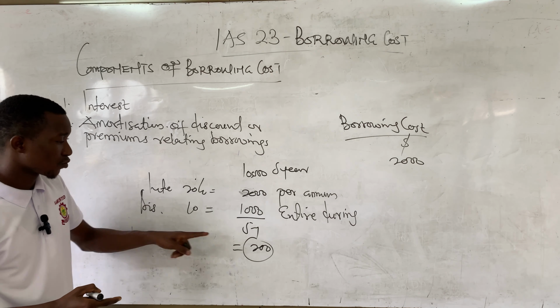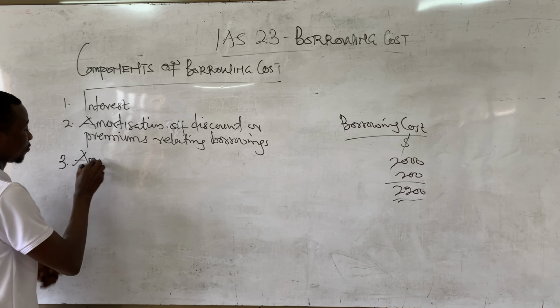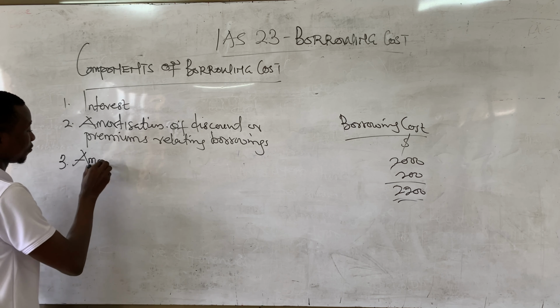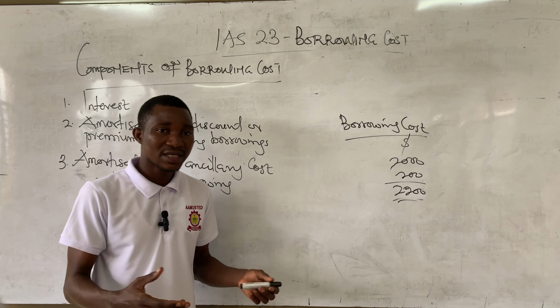The next one we would like to talk about is amortization of ancillary costs relating to borrowing. Sometimes before a business is able to raise money to finance their project or acquire an asset, they can do this in different forms.